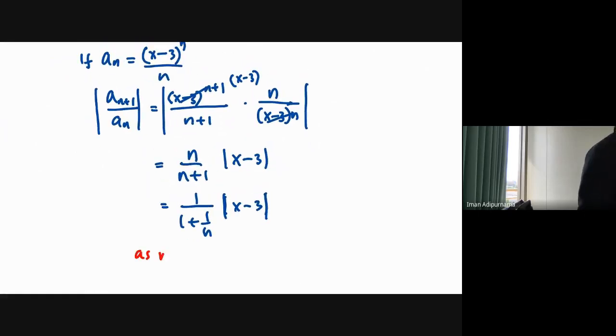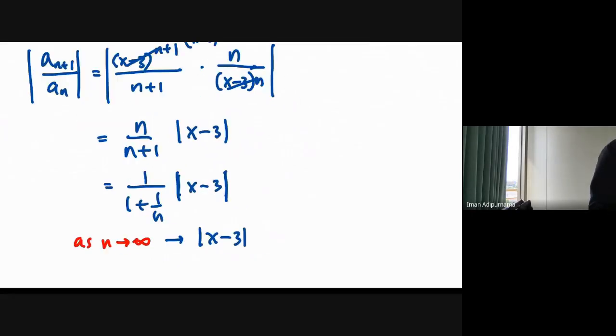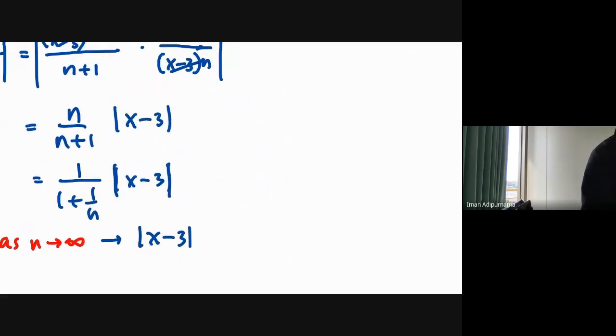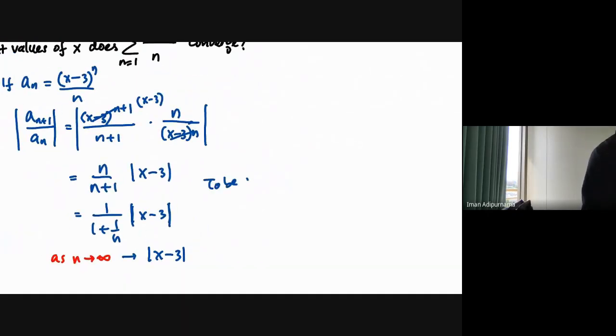So as n approaches infinity, we get x minus 3. So by the ratio test, to be convergent, this x minus 3 should be less than 1. Okay.